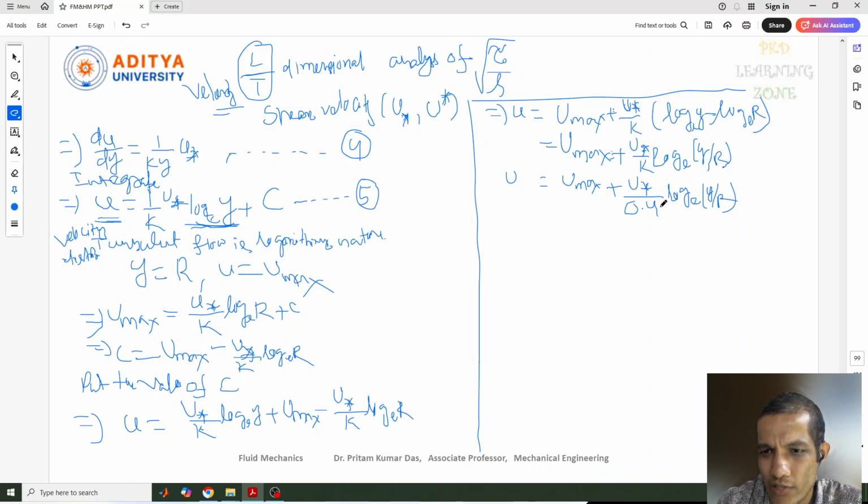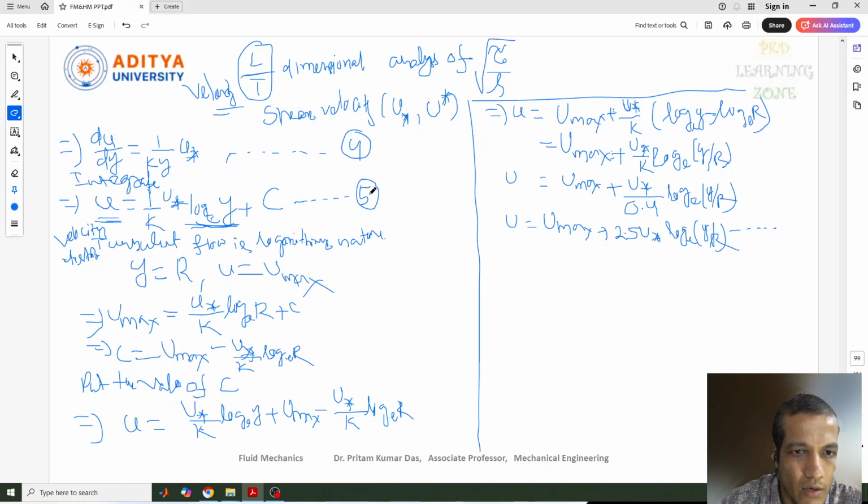And now if you don't want to keep it as 0.4, you can also convert it into, like, U equal to U max plus 1 by 0.4, that is 2.5 U star, and we can write log E Y by R, bracket close, and this one we can call equation 6.